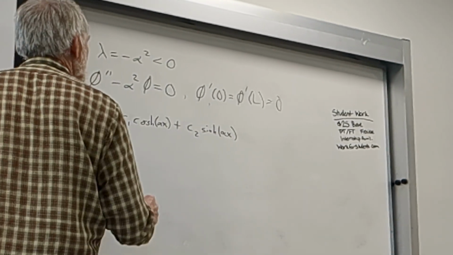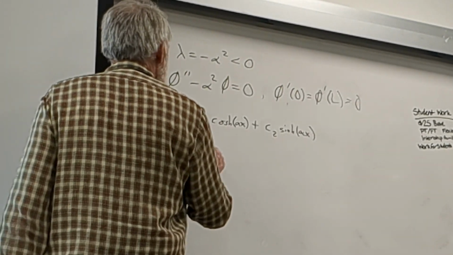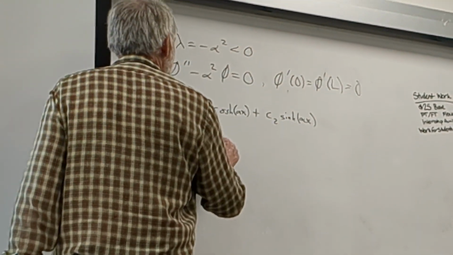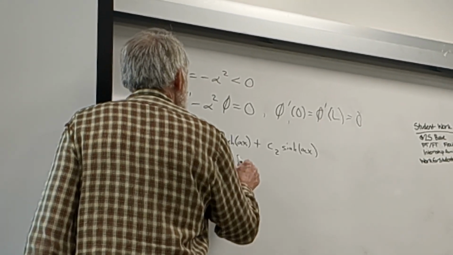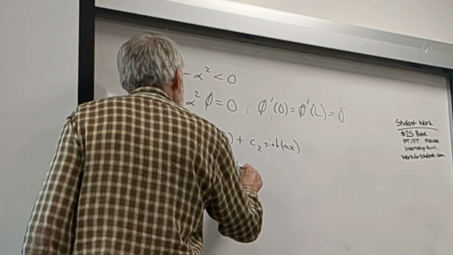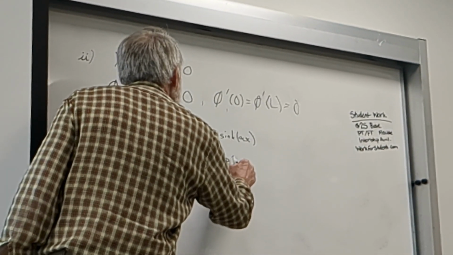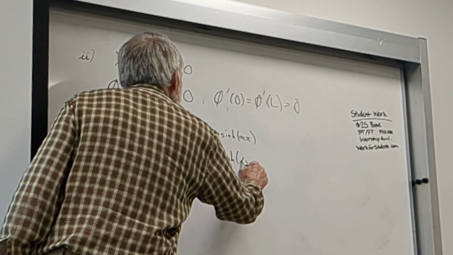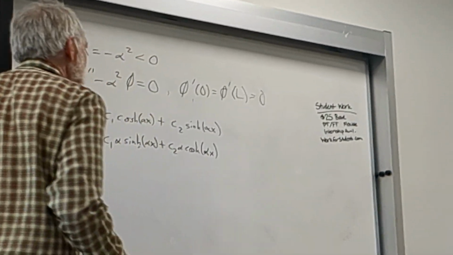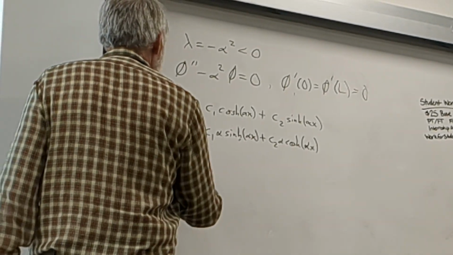All right, and we know that phi prime of x is going to be equal to C1 alpha sinh of alpha x plus C2 alpha cosh of alpha x. All right. And so we look at phi prime of 0.